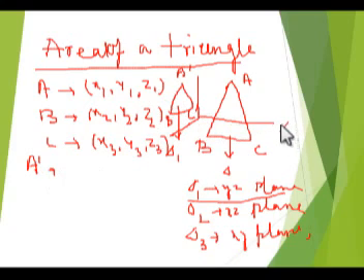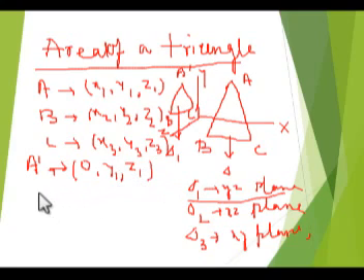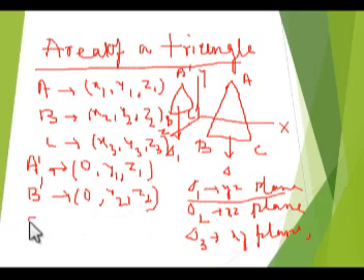X is 0, so we take x equal to 0. For the A slash point, this will be 0, y1, z1, for B slash this will be 0, y2, z2, and for C slash this will be 0, y3, z3.